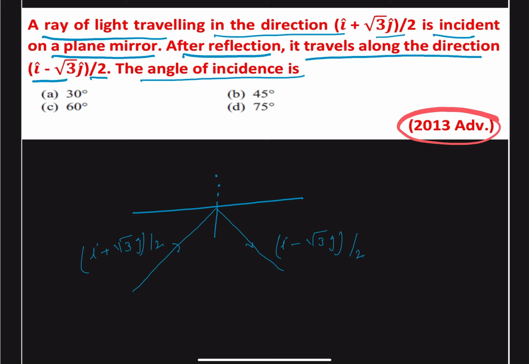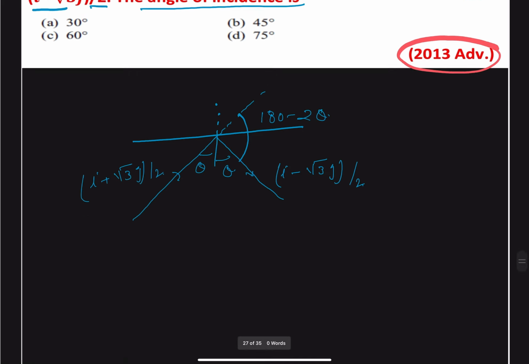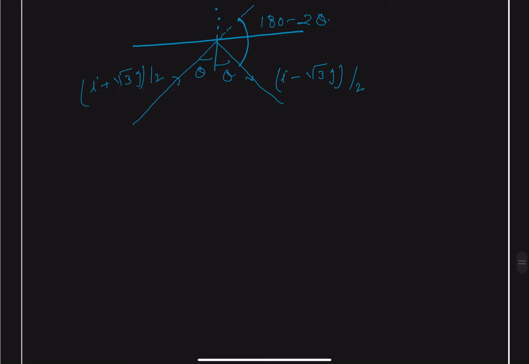Let us suppose this angle is theta. Obviously this angle will also be theta. And the angle between the incident and the reflected ray will be 180 minus 2 theta.